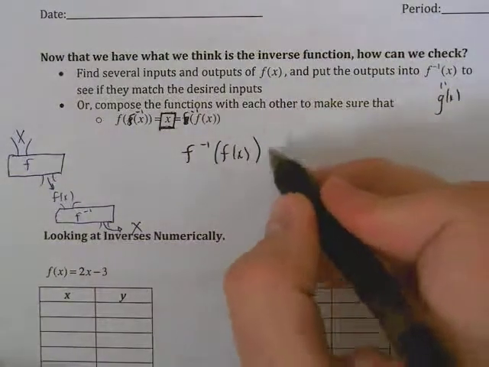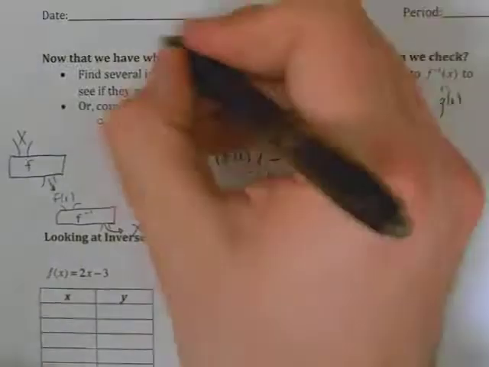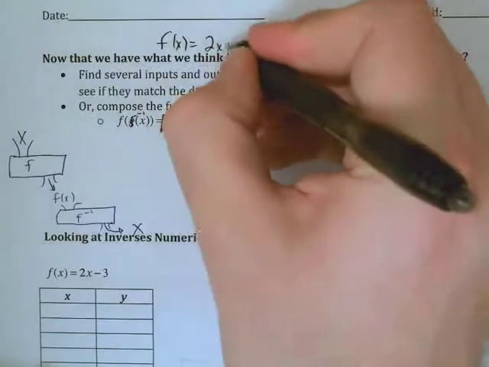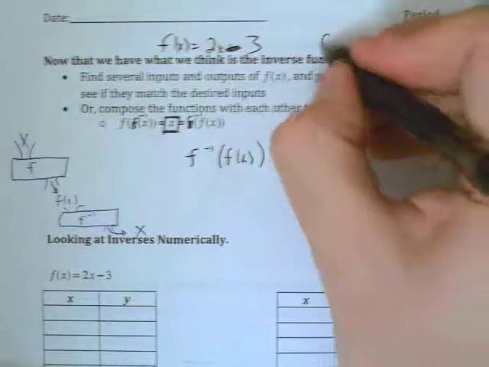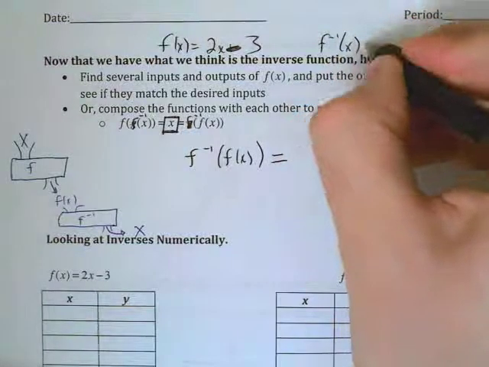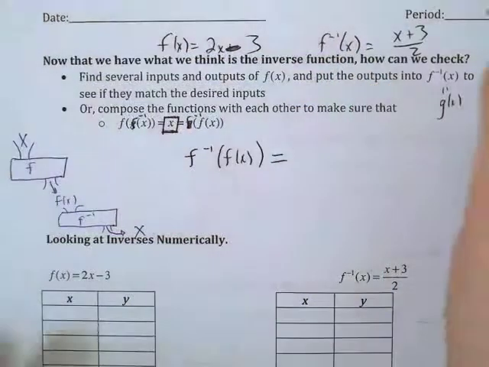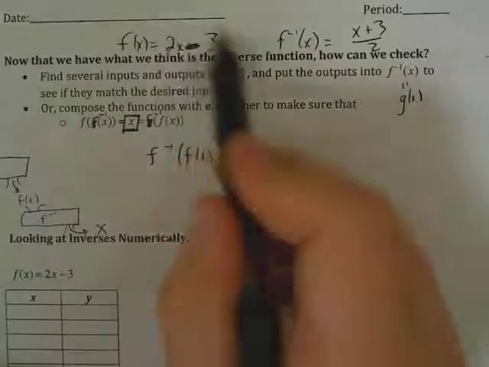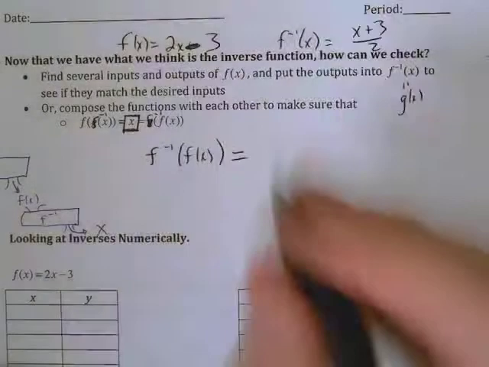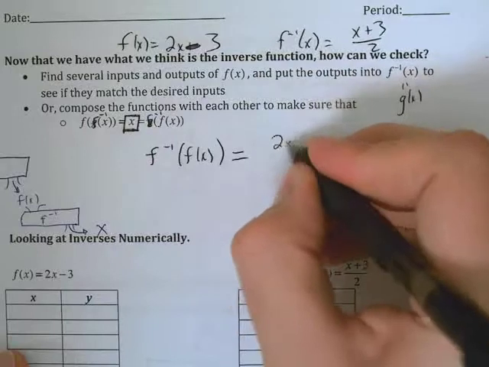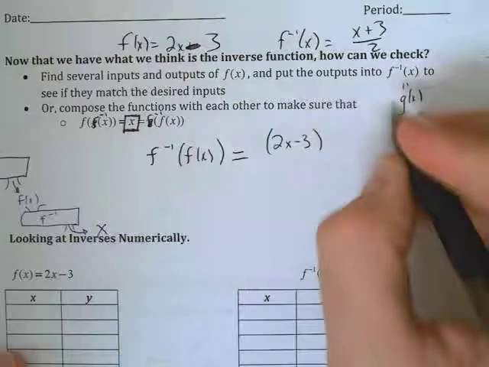Well, let's do it for our previous example. If you remember, f of x was 2x minus 3, and f inverse of x was (x plus 3) over 2. Let's see if it works. If we put this function into the inverse, it would look like (2x minus 3 plus 3) over 2.